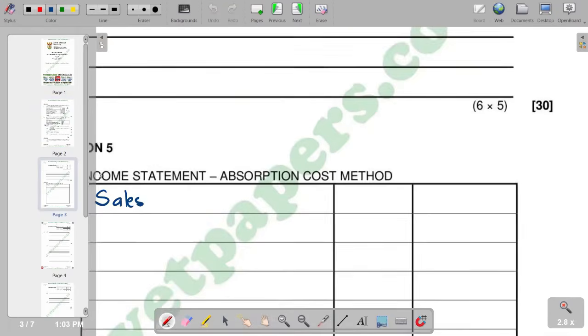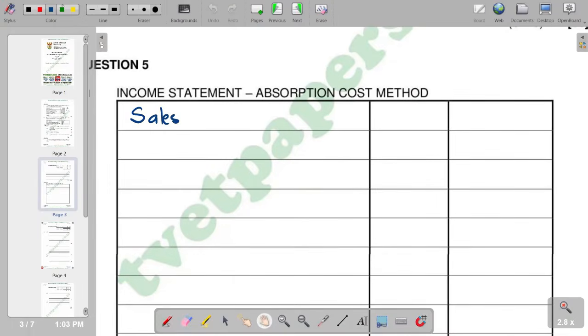In brackets, we indicate the calculation: 180,000 multiplied by 65 rand. The total that we get is 11,700,000.